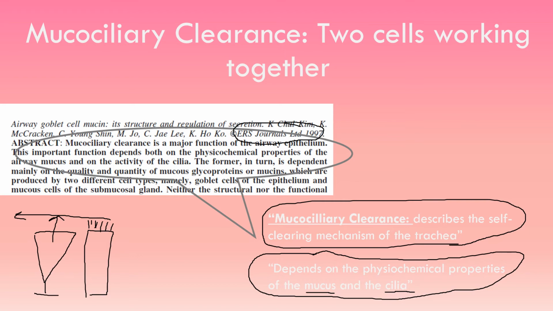So I thought that would be a nice quote to introduce these two specialized cells that I would be talking about. And the term is mucociliary clearance, which is mucus done by the cilia. And as you can see, it depends on the physiochemical. So there are some physical properties and some chemical properties of these two cells that help us to protect our airways.